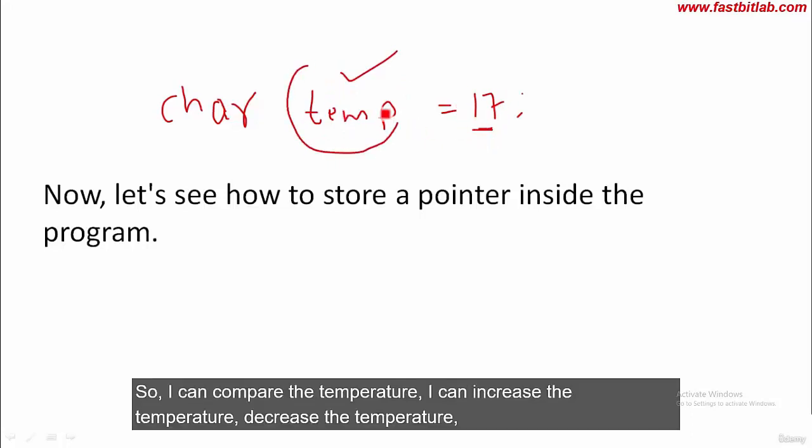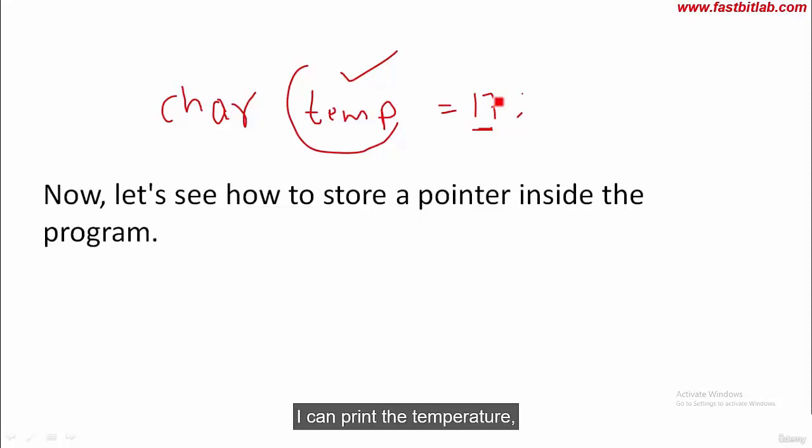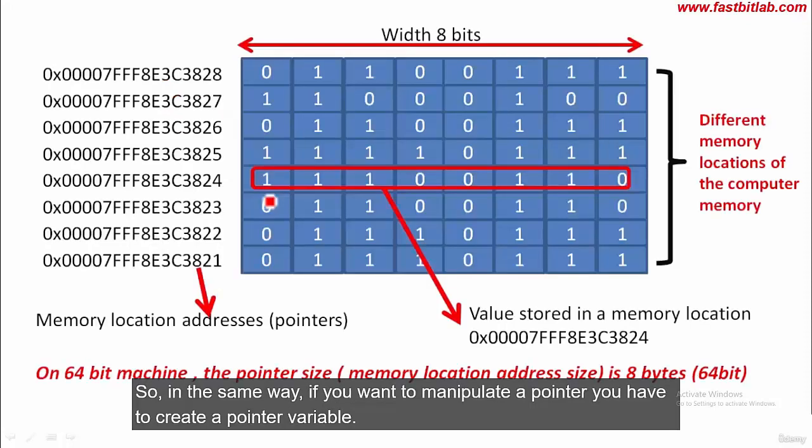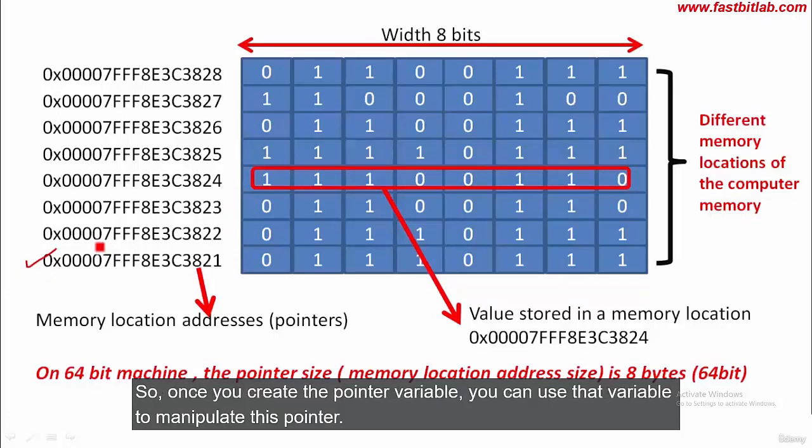This variable will be used to manipulate this data. So I can compare the temperature, increase the temperature, decrease the temperature, and print the temperature. All I do by using this variable. The purpose of a variable is to manipulate the data. In the same way, if you want to manipulate a pointer, you have to create a pointer variable. Once you create the pointer variable, you can use that variable to manipulate this pointer.